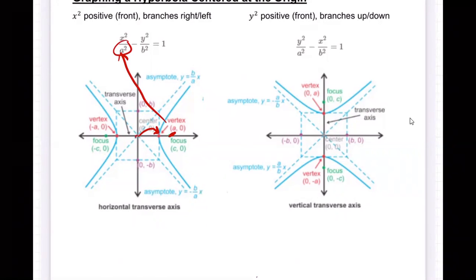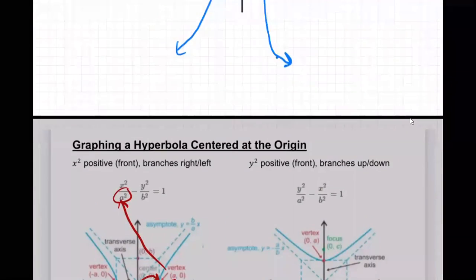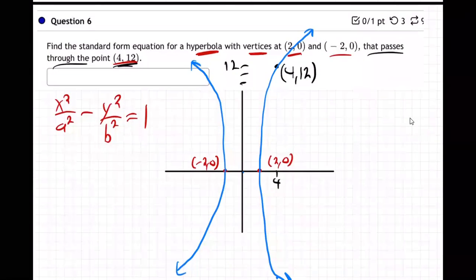So however far from the center to the vertex, sideways, right, left, that's what goes underneath x squared, because it's right, left, and x is right, left. So from here to there, that's 2, obviously. So this is going to be, let me do a different color just for extra clarity, 2 squared, isn't it?